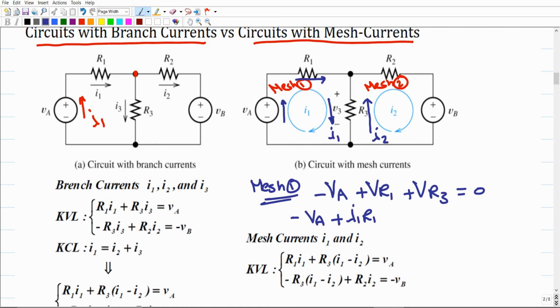It works with both. And as I explained to you, you can deal with these mesh currents like two different currents, like two different groups of electrons. So you're gonna find some electrons going in this direction, kind of, and some other electrons going in the opposite direction, kind of.